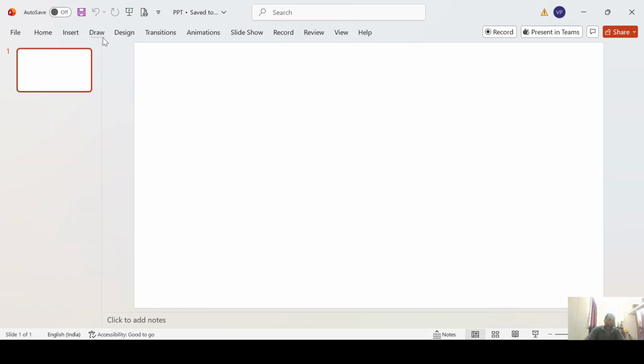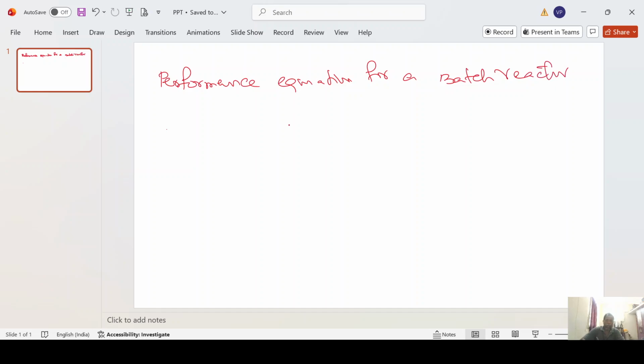So first let us take the model, the performance equation for a batch reactor based on the growth model dx by dt is equal to mu x.